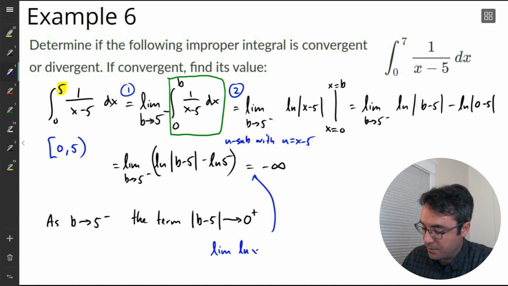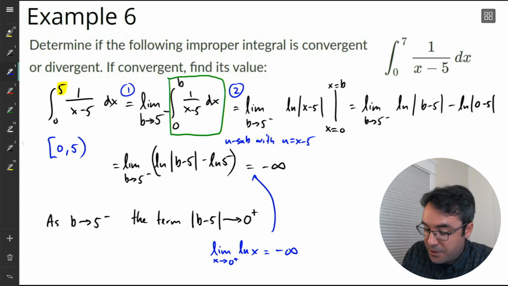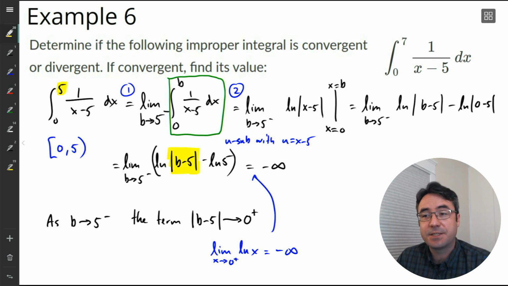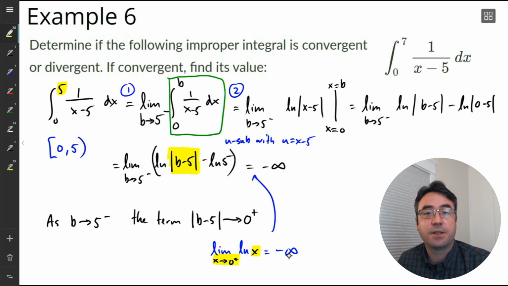The limit of natural log x as x approaches 0 from the right is equal to minus infinity. So as the term inside this natural log gets closer to 0 from the right, the whole log function gets larger and larger negative.